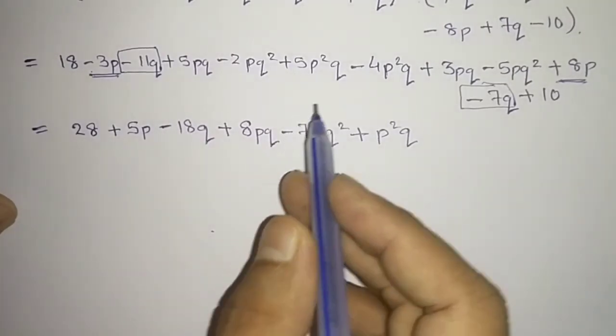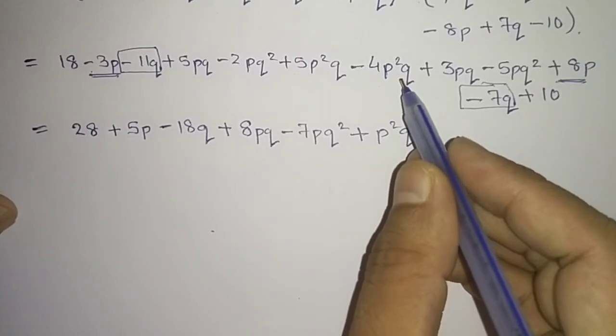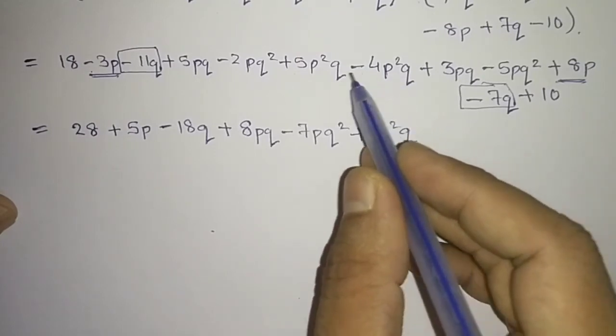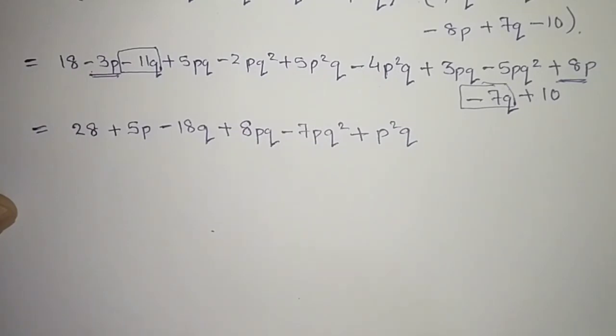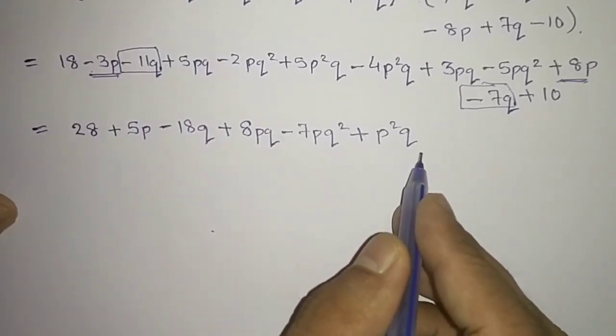Now look further if we have not taken anything. Already taken. So this is our answer: 28 plus 5p minus 18q plus 8pq minus 7pq square plus p square q.